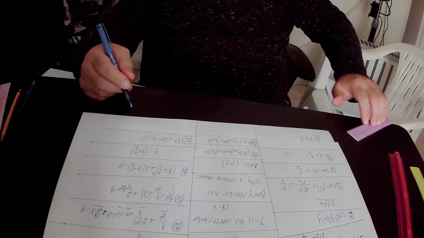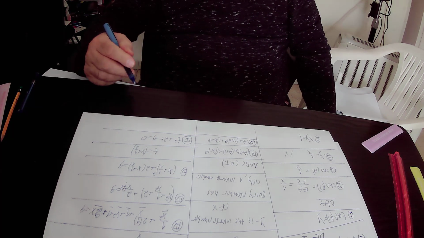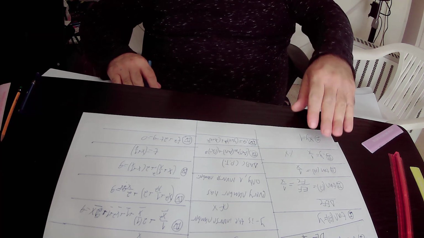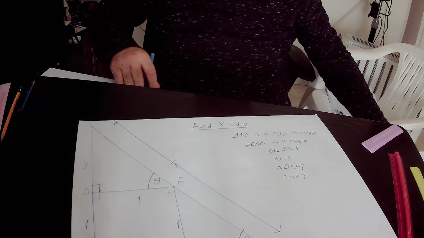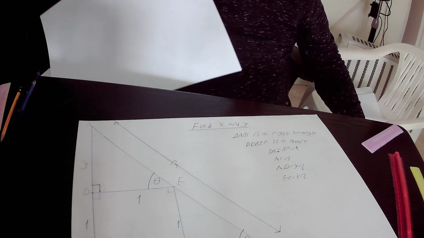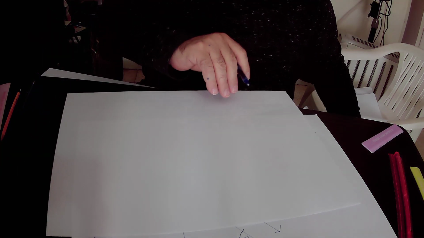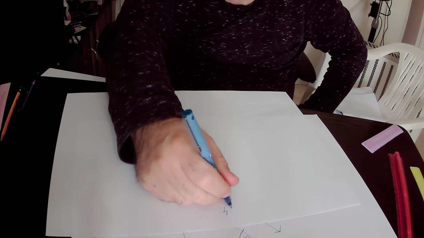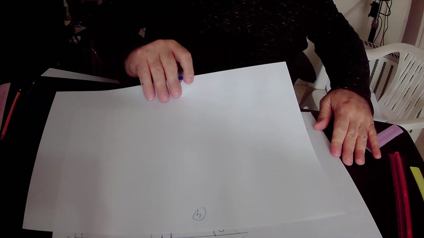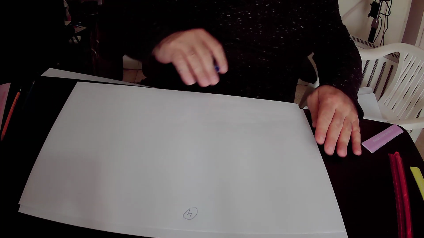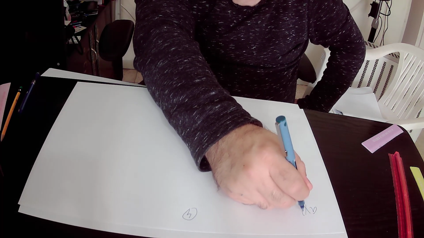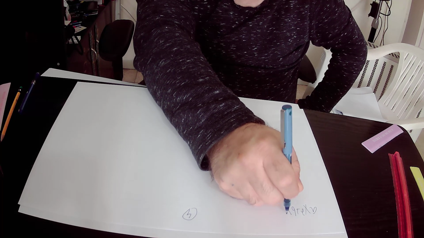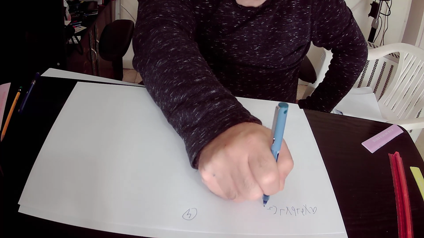So we got here a quadratic equation, and the general formula for a quadratic equation is ax squared plus bx plus c equals 0.